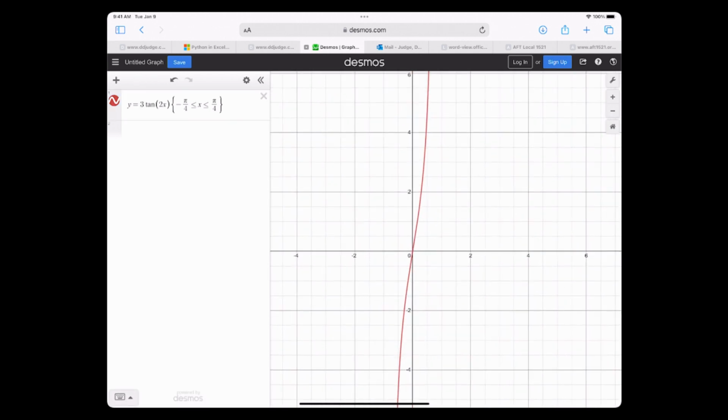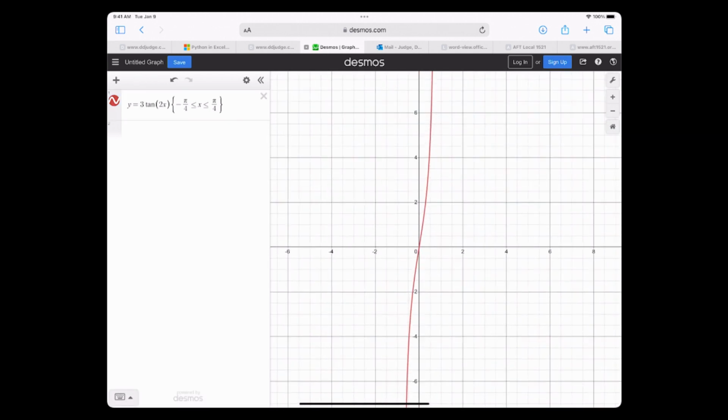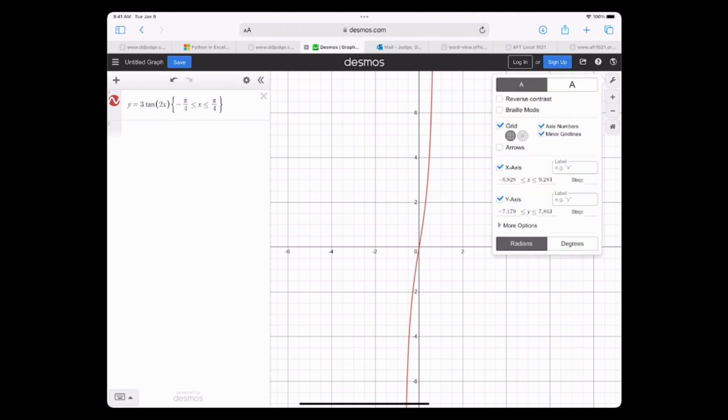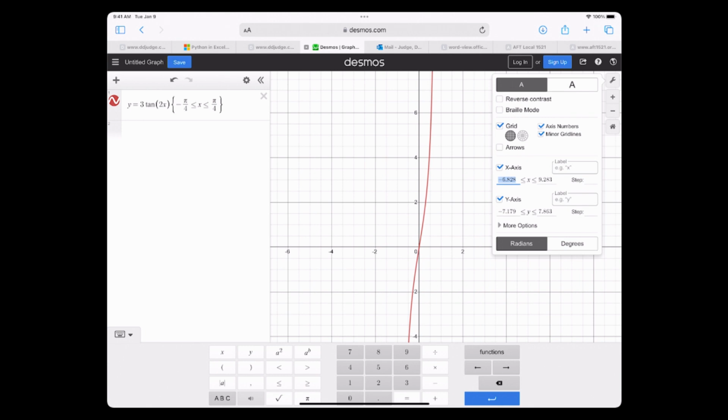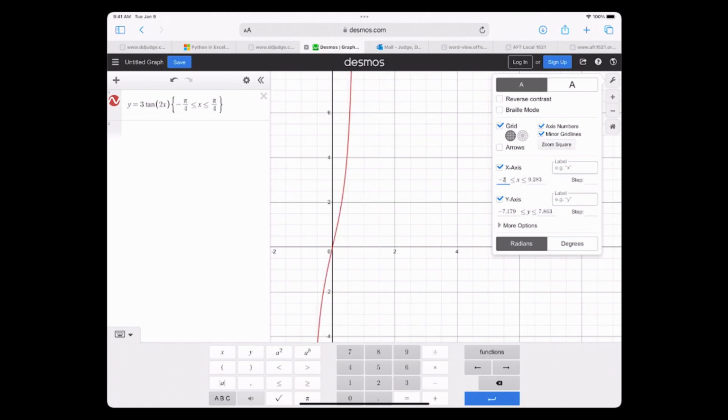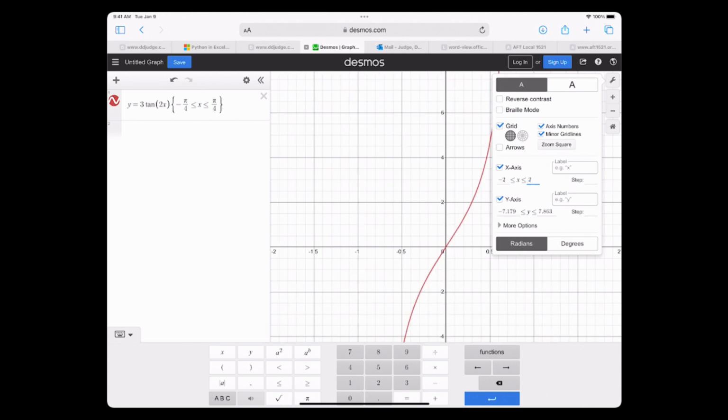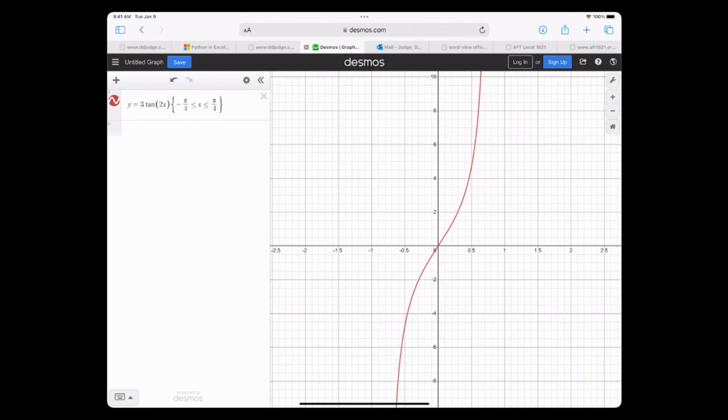Okay, and then you say, boy, that kind of looks a little weird. Well, let's actually adjust the x-axis. You could do that here. So we can make this between negative 2, positive 2. Does that help? Maybe that helps a little.